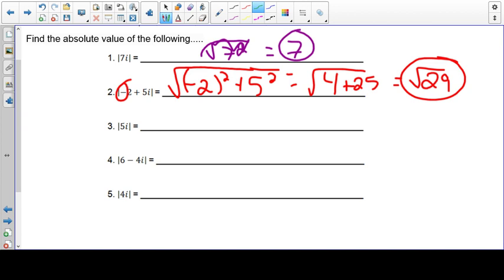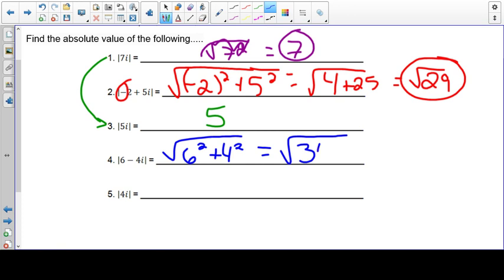Same idea as the one with 3. If there's a single term by itself, it's just going to be whatever that number is. So in this case, it's going to be 5. This one I have 2 numbers, so I'm going to have 6 squared plus 4 squared.